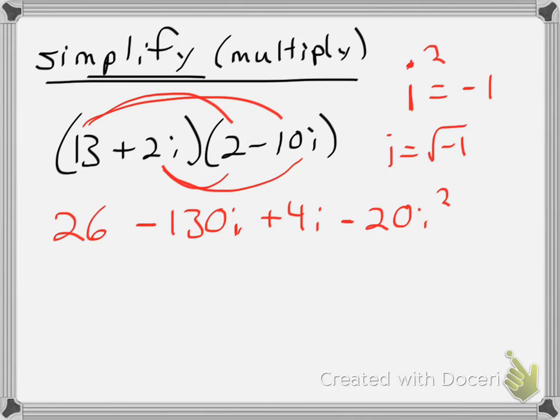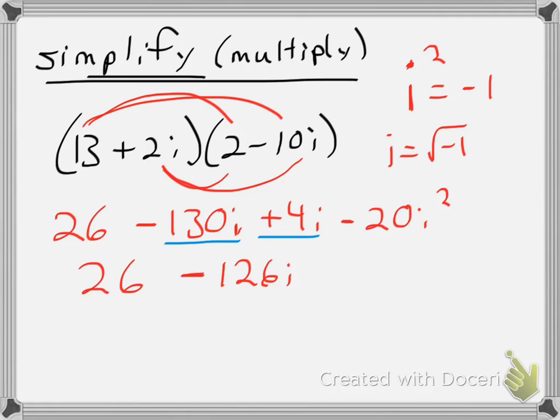Now I want to combine my like terms. First of all, I can see that negative 130 and positive 4 are both like terms. They both have an i as a variable, or looked at as a variable. So negative 130 plus 4 gives me a negative 126i. Of course I have my 26, but now we see an i squared, just as I mentioned before.